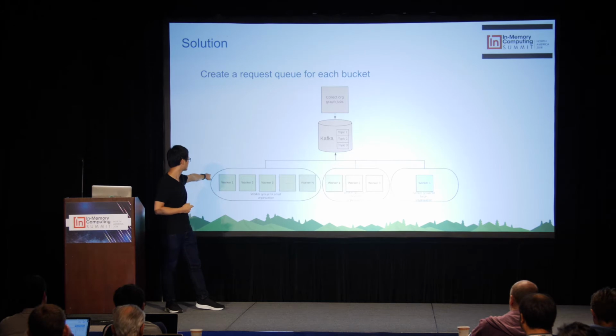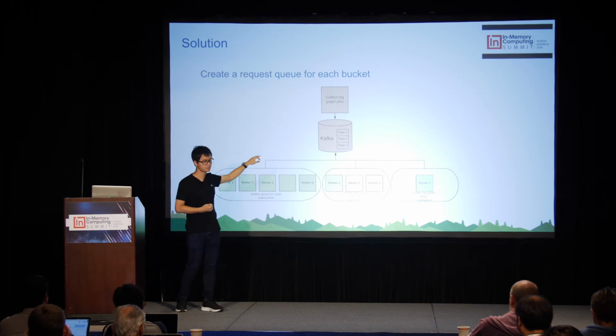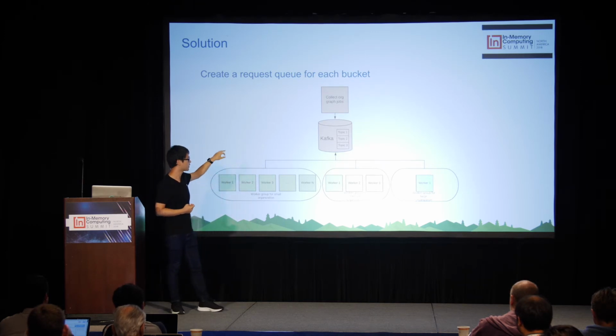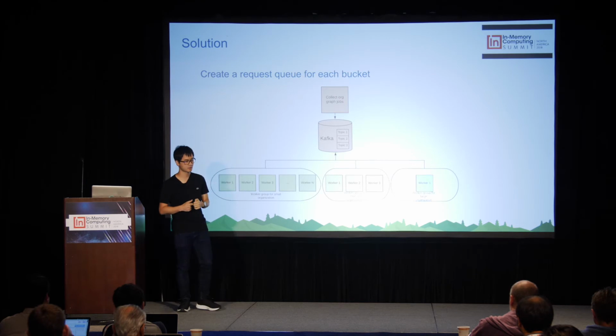And for this topic, we will have multiple workers which read from it in a blocking way. Whenever the topic has some request, any idle or freed workers will try to pull from this topic.